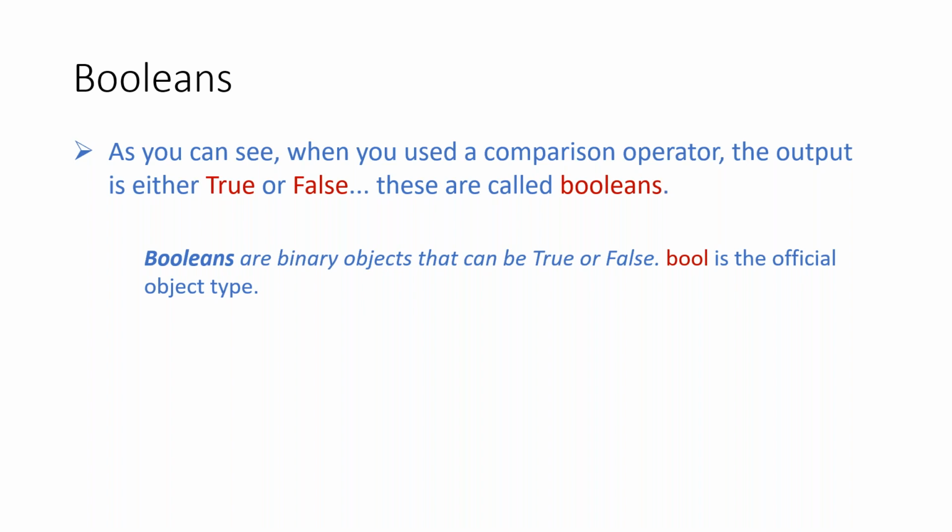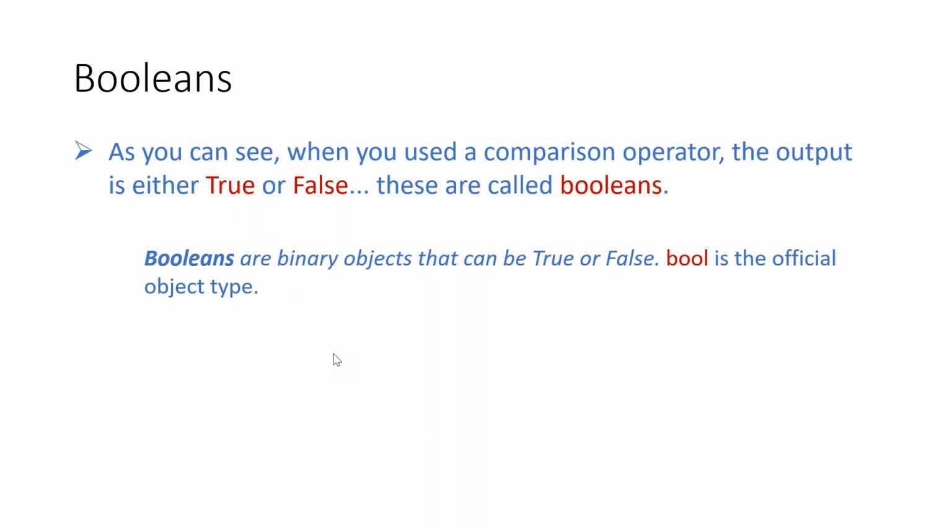These are called Booleans. So Booleans are binary objects that can be either true or false. And if you define capital T, small rue, that is a reserved word, so Python knows it's a Boolean object.